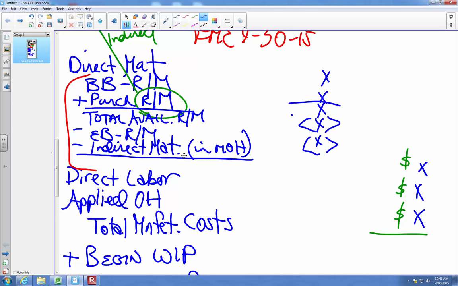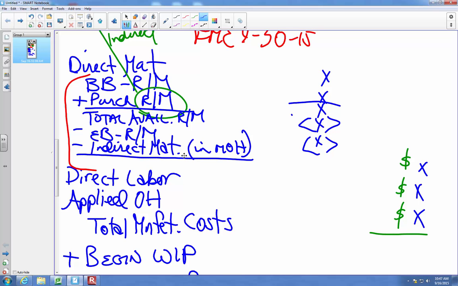Plus, let's see here. So go look at description A and tell me what that is. 60. Hold on a second. Okay, 360 plus the 75,000. And then applied manufacturing. Yeah, that's what you purchased, which is 915,000.